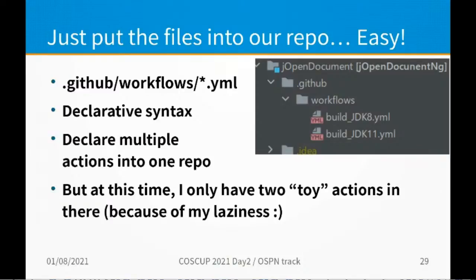I just declare some important things, and it is very easy to add multiple actions into one repository. At this time, I only have just two toy actions in there, because of my laziness.